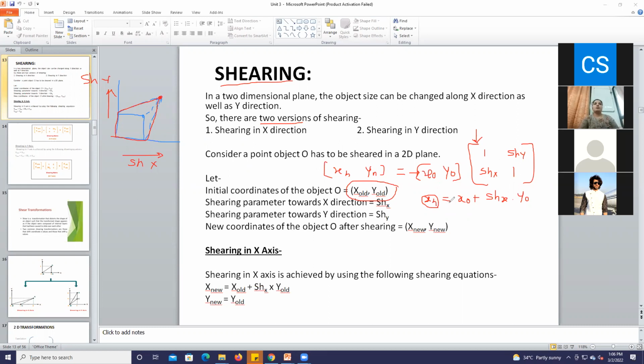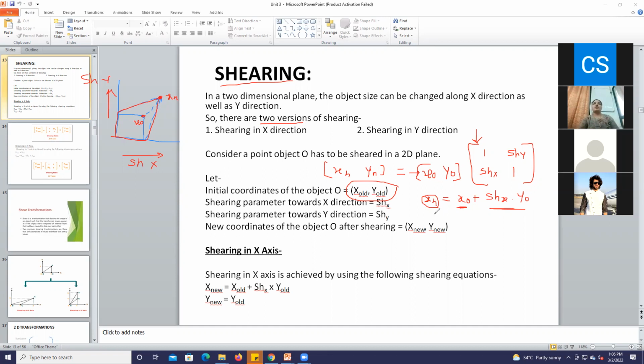So x new is equal to x old plus shx into y old. This means the original x is changed with this much amount. This is your original x0 value, and it is changed to x new, and x new value is based on x0 plus shx into y0, right? So that is about xn.